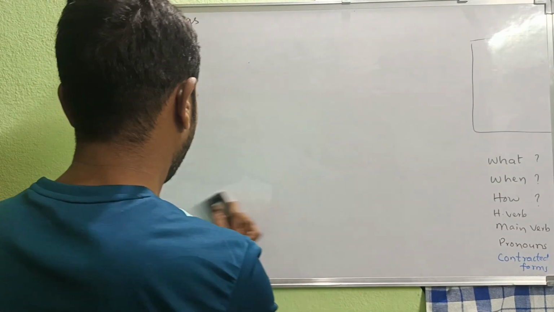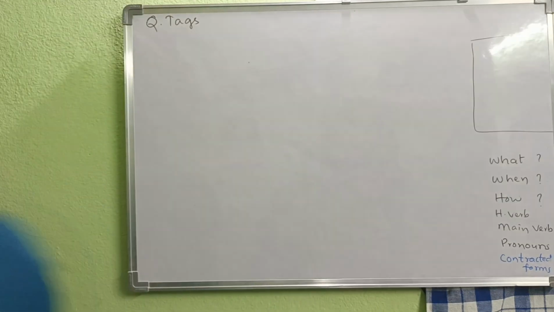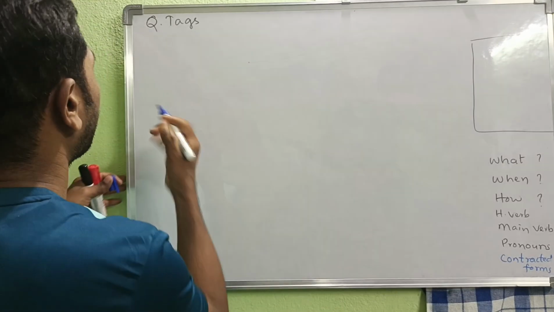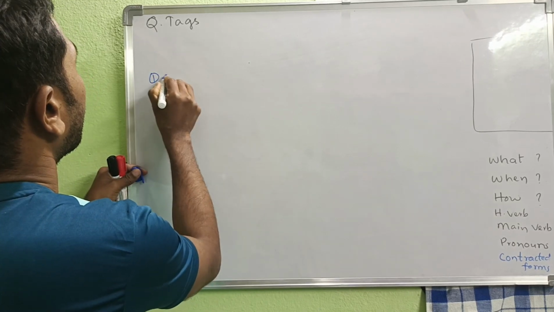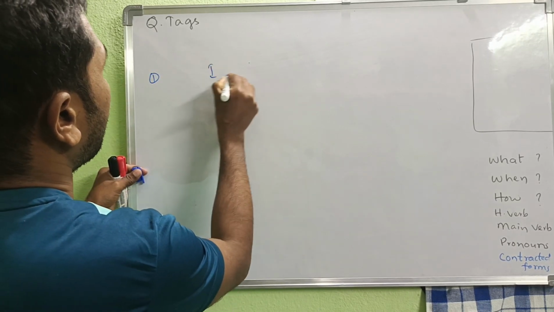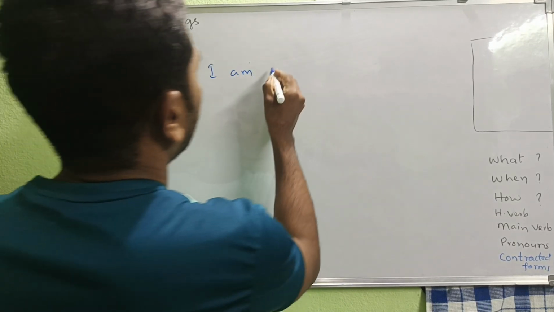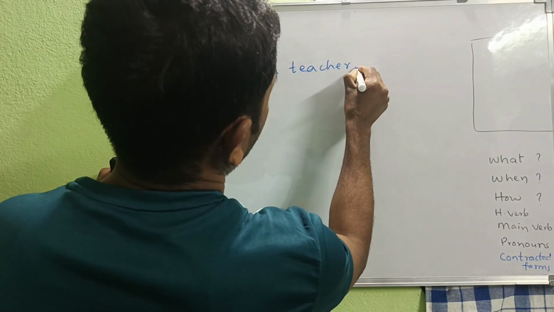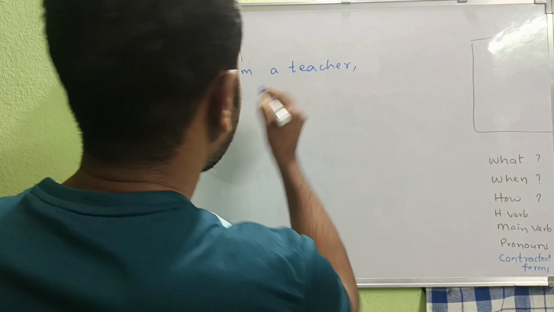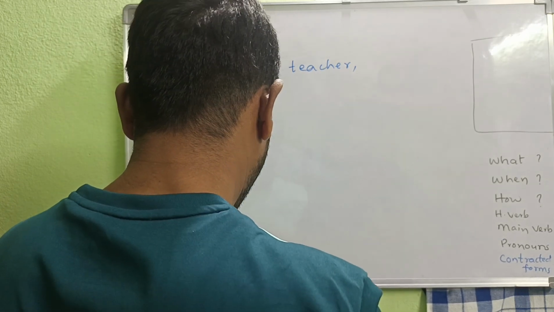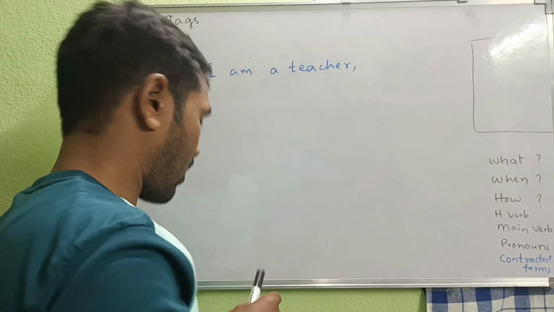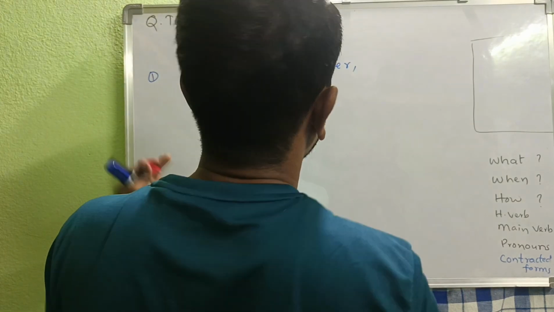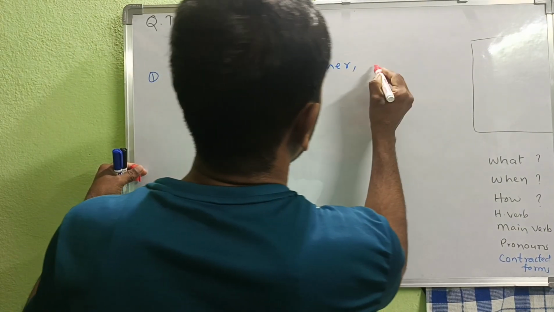Some exceptional cases we need to know. Exception one: I am a teacher. As I said earlier, here I need to add a question tag. To add a question tag, I need to take a helping verb first.